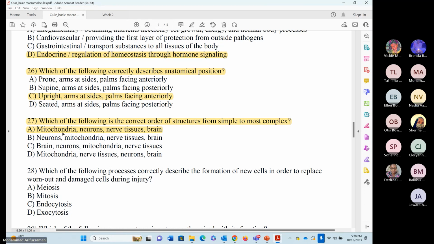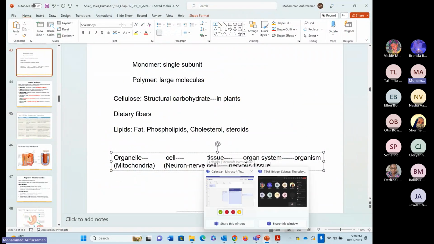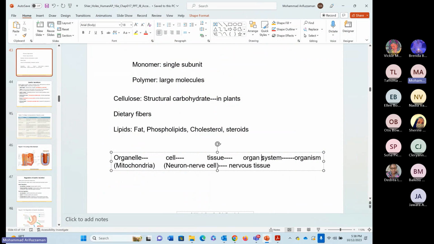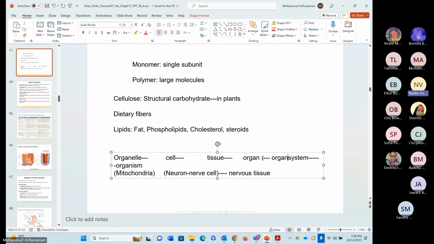Is it clear, these questions? Yes. So this is the way you can explain organelle, cell, tissue, organ, organ system, and the organism.